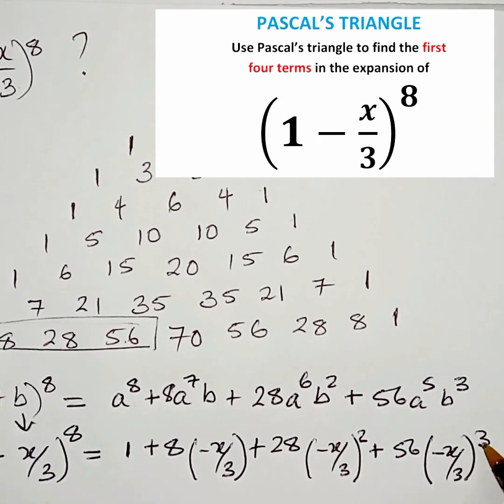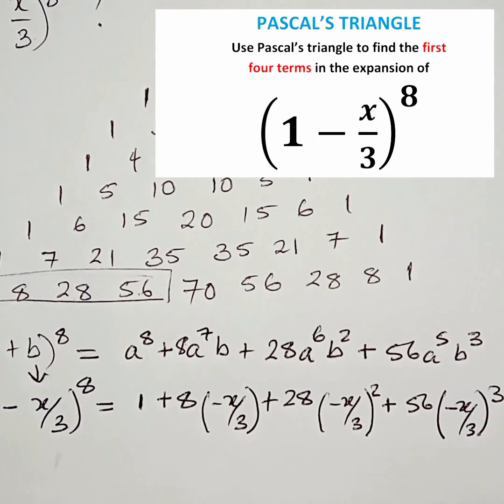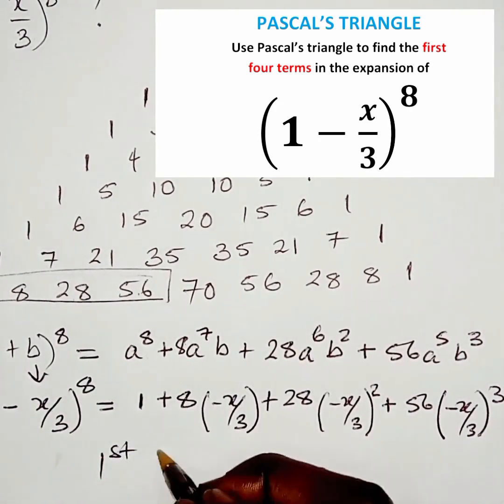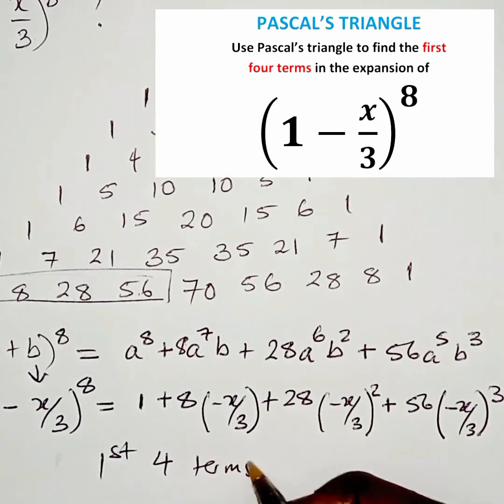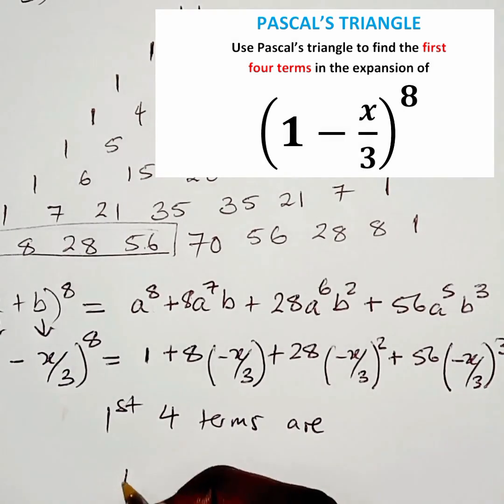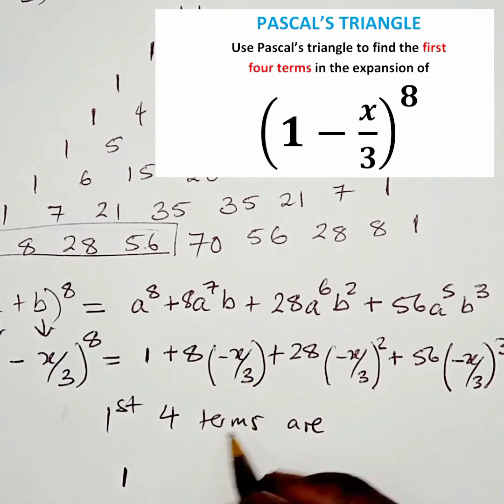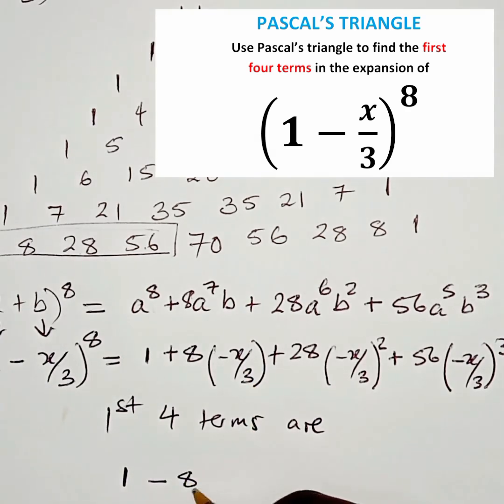Now we can say the first four terms are: 1, then 8 times minus x over 3 is minus 8x over 3.